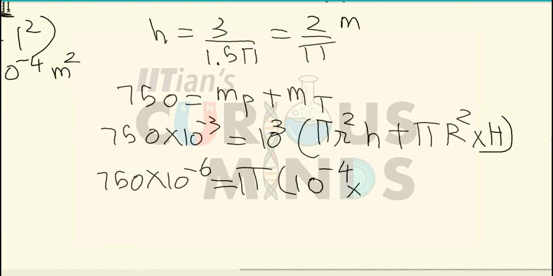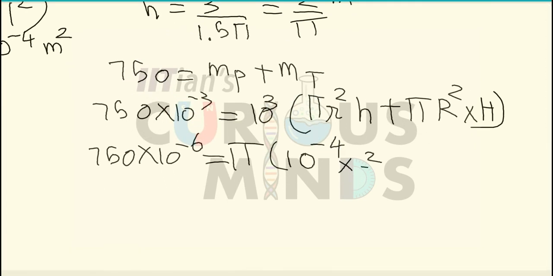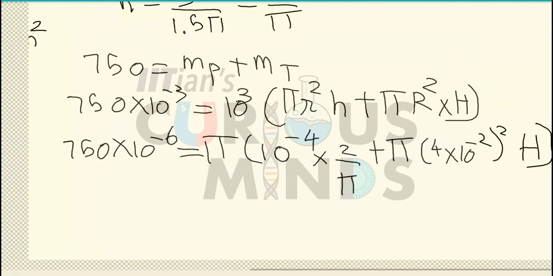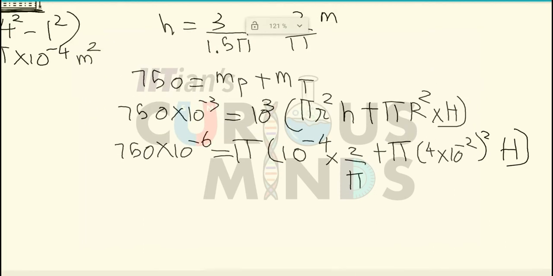Small h will be written as 2 by pi. Plus pi into capital R square, which will be 4 into 10 raised to minus 2 the whole square, into capital H.